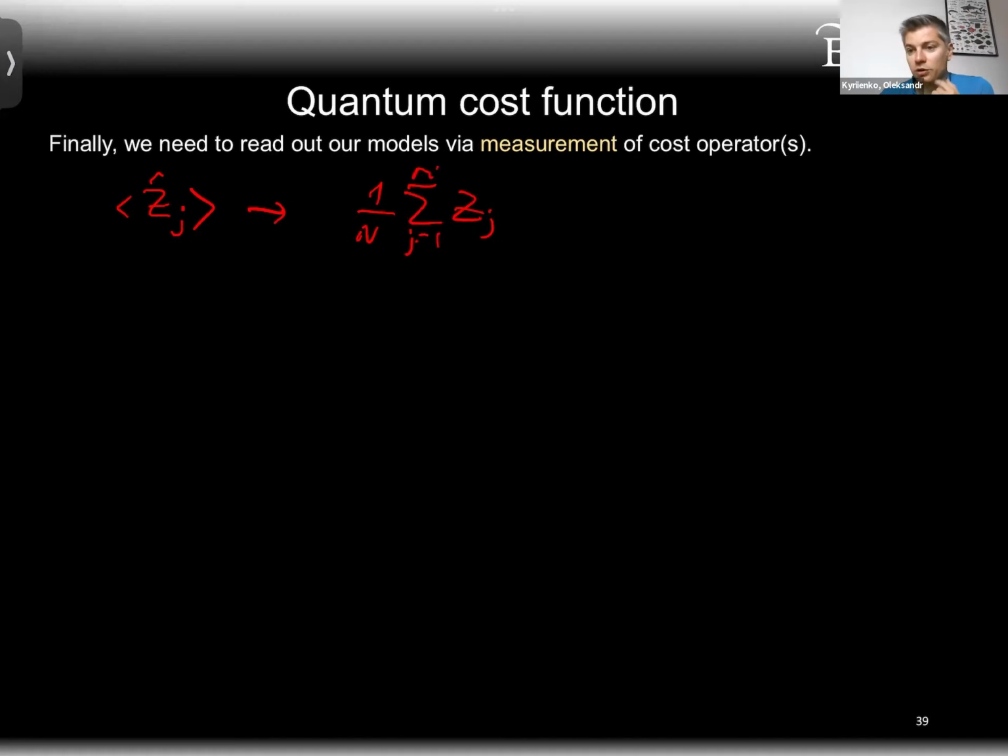Or we could also include, let's say, pairwise correlations. We could multiply them by any weight functions that we want. So again, the measurement part is up to you. Maybe you would like to do it in the X basis instead. It really depends on your feature map and the variational approach that you apply.